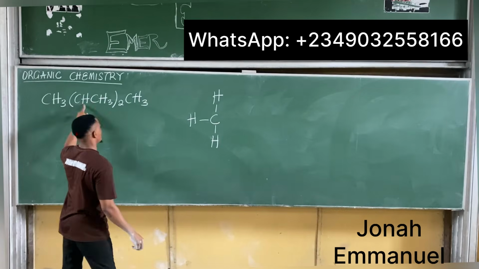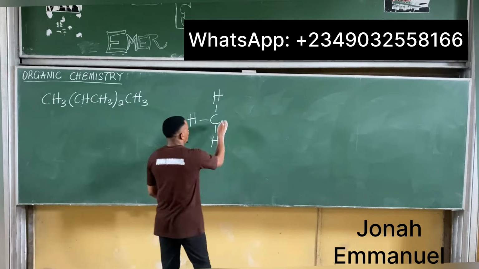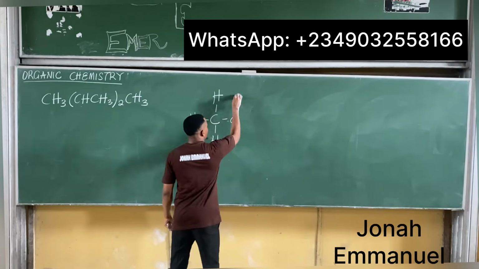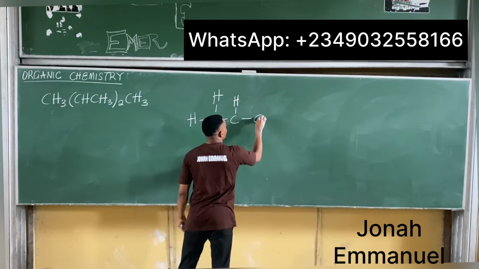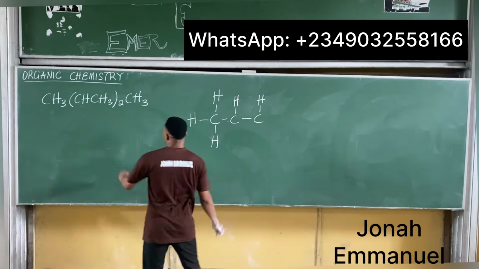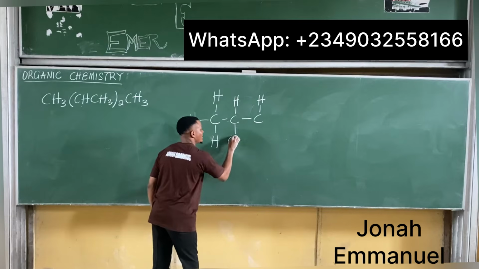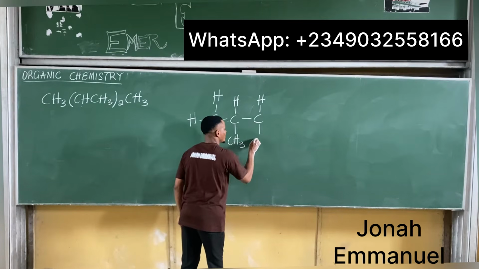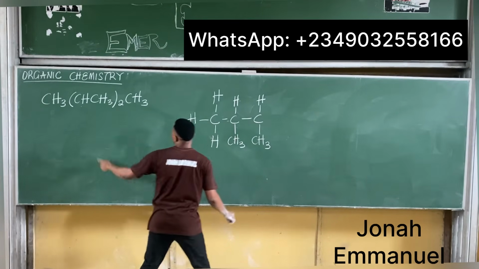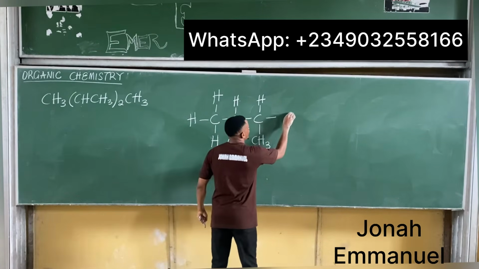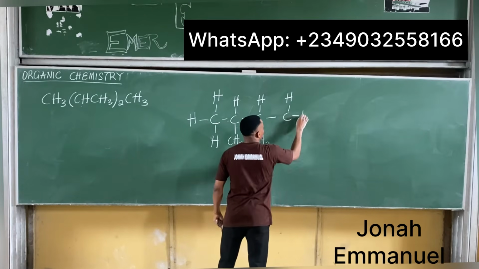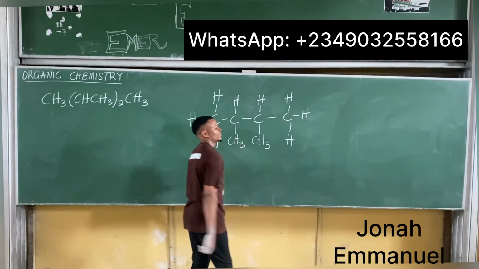Next up, CH twice. So it becomes CH and then CH. Next up, CH3 twice. What will it come under? Obviously here, CH3. Here again, CH3. Finally CH3, that becomes C. 1, 2, 3. Here's your compound.